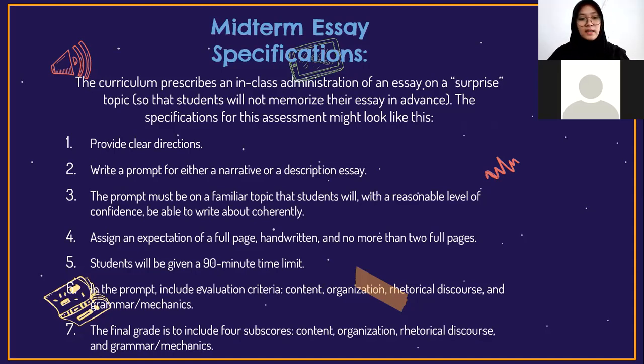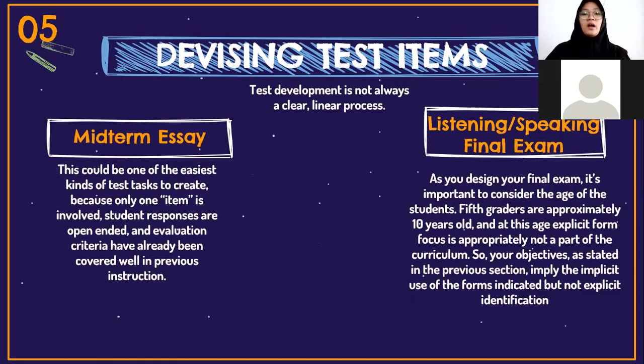And the sixth is, in the prompt, include evaluation criteria: content organization, rhetorical discourse, and grammar mechanics. The final grade is to include four subscores: content organization, rhetorical discourse, and grammar or mechanics.